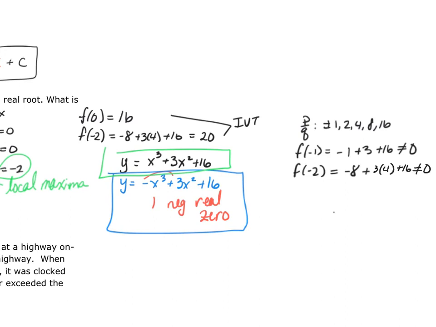This doesn't equal 0, so then I put in negative 4. I put in negative 4, so I get negative 64 plus 3 times 16 plus 16. It gives me the 0 that I was looking for. So the 0 I have is x is equal to negative 4. So to answer this, there is my answer.